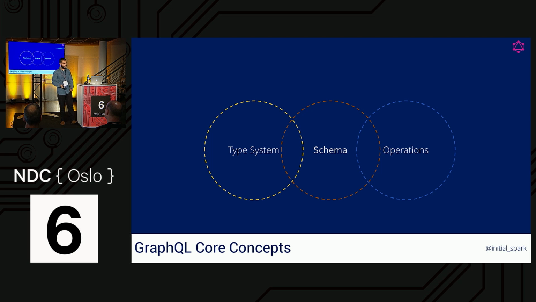Then we have operations. GraphQL allows you to query data, also allows you to mutate data. You can do inserts, deletes, and writes. And also it has subscriptions. And then the schema is kind of the glue that holds all this stuff together. It's kind of like the entry point into your graph of how you can query the certain fields and, when you do query these fields, what happens and what response you get back in terms of the type.